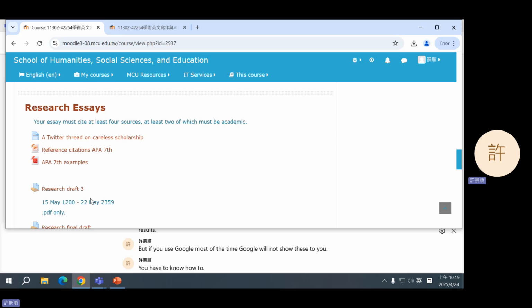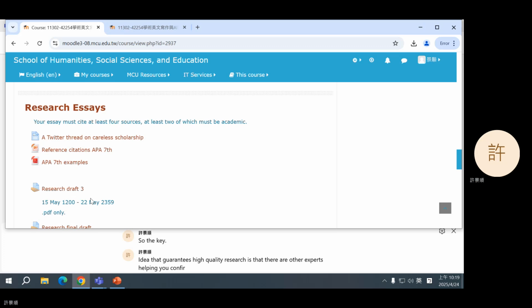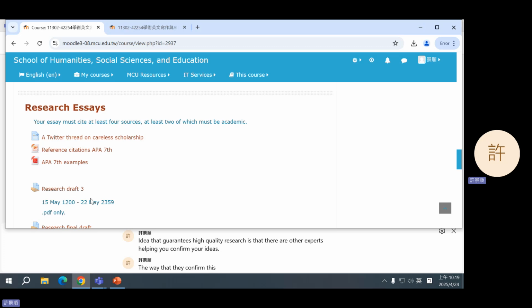So the key idea that guarantees high quality research is that there are other experts helping to confirm your ideas. The way that you tell your readers that you are building on other experts' results is by including their ideas in your paper.